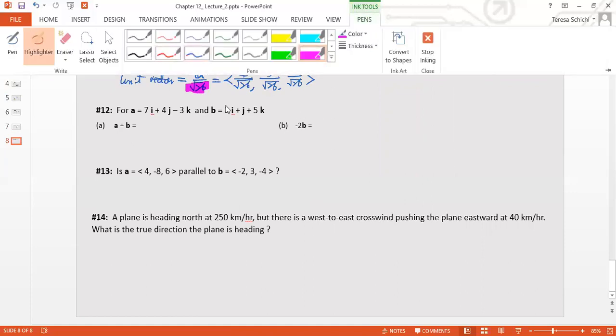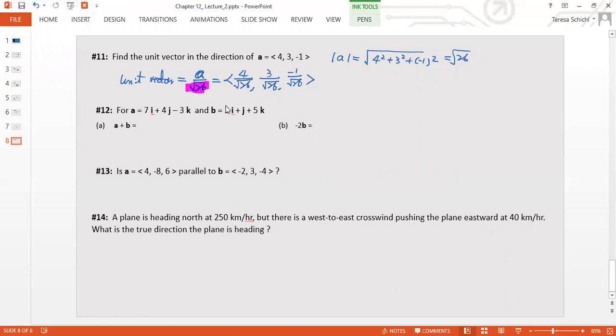If two vectors differ by a constant, they go in the same direction. And because you divide by the length, if you find the length of this vector, the length is 1. So that's what a unit vector is.